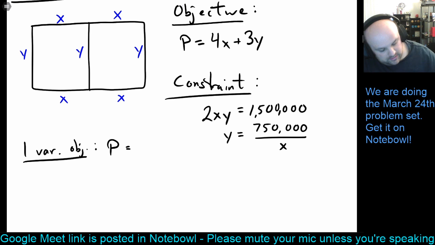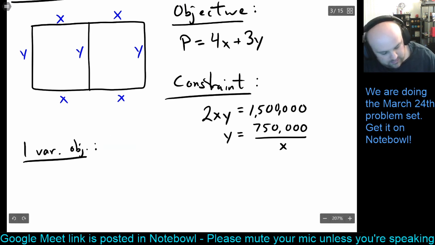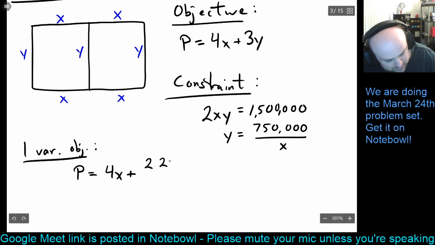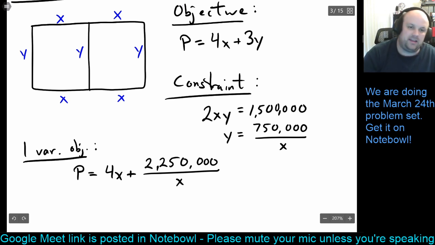And so the perimeter will be 4x plus, let's see, I need to multiply this by 3 now. So that's 2,250,000. Right, so we're going to end up with this.